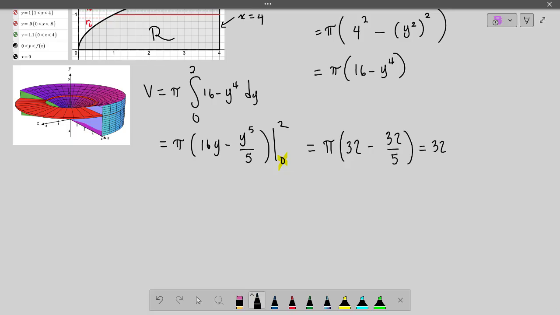Factor out the 32, and we're left with 1 minus a fifth. 1 minus a fifth is 4 fifths. So that gives us a final answer of 128 pi divided by 5.